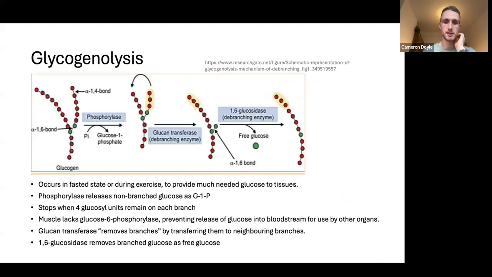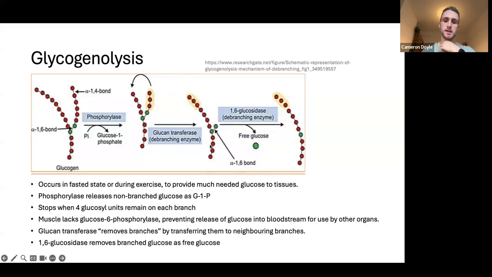So then glycogenolysis is the reverse process. Basically what happens is you've got a variety of phosphorylase and debranching enzymes. And what this will do is bind onto one of these side chains, and essentially relocate it to the main chain.